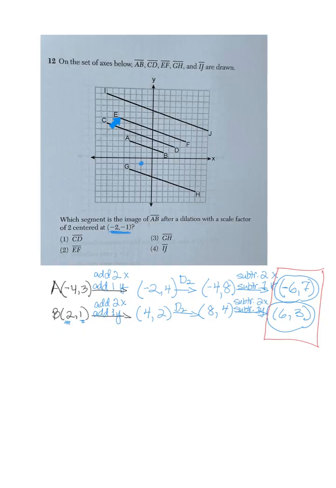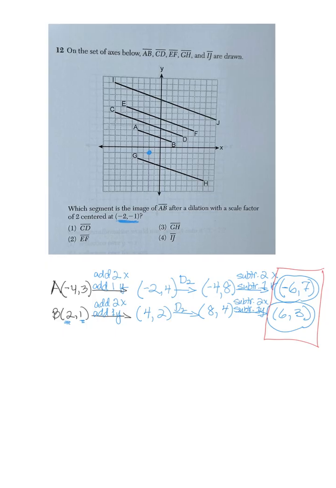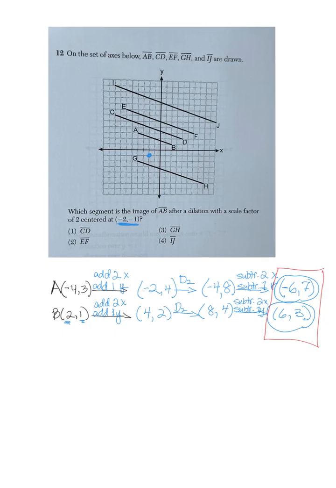So it looks like it's going to be EF. Okay, so we got E, and if we look at F, 1, 2, 3, 4, 5, 6, 1, 2, 3. Bingo. So our answer is EF, and that would be choice 2. Okie doke.